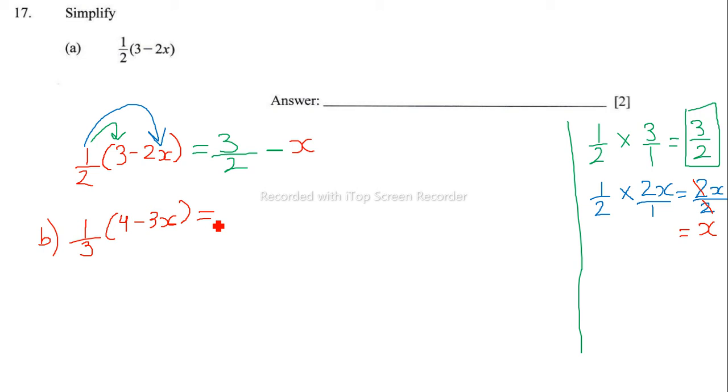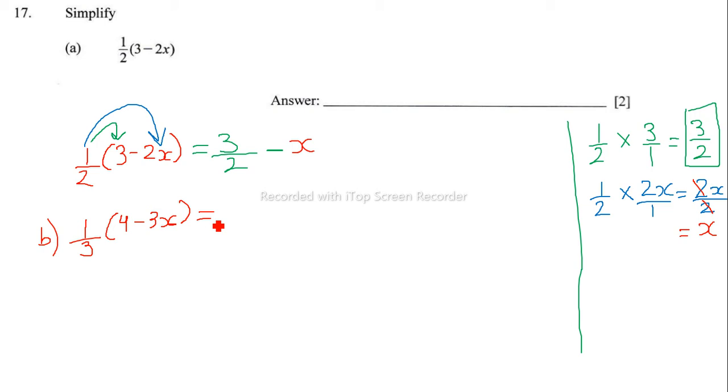What is it? I had 4 over 2 minus x. 4 over 2? You sure? I got 4 over 3 minus x. Oh yeah, I got that. Over 3 minus x, certainly.